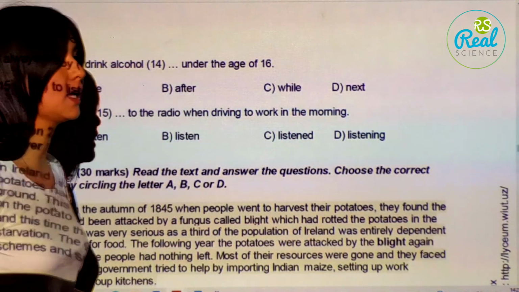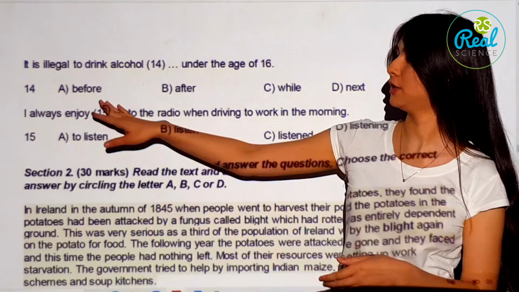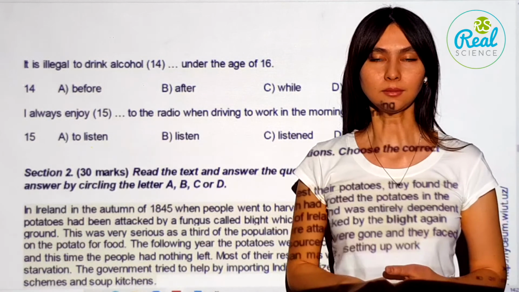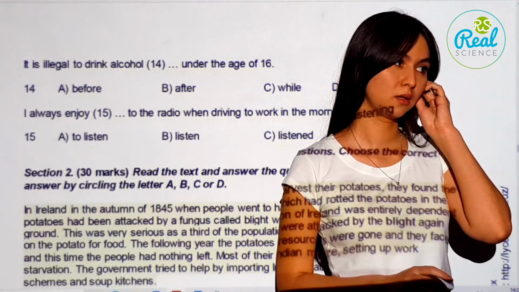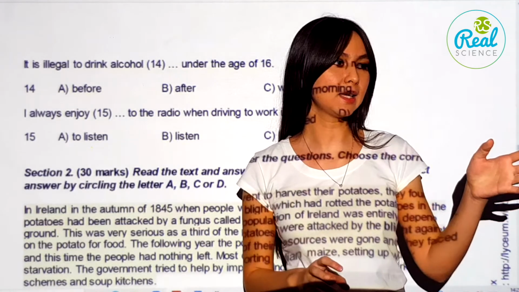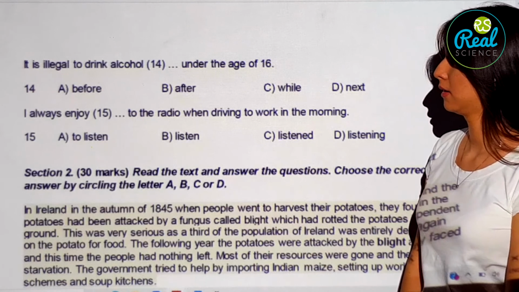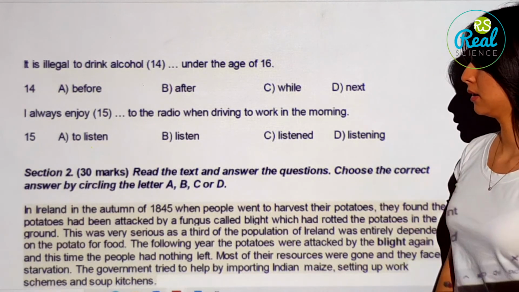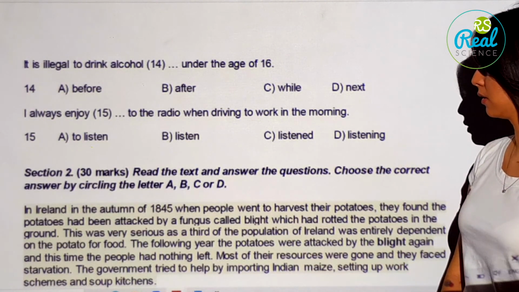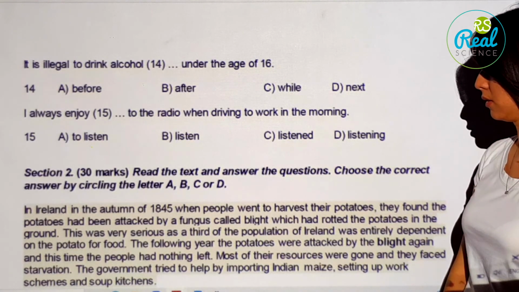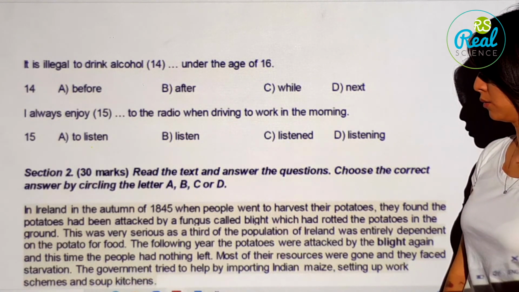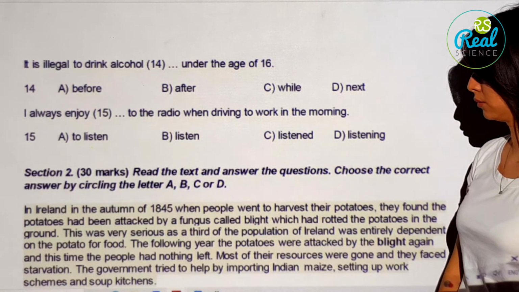Okay, 14th and 15th. Let's do it together. Who wants to read the 14th? Any volunteers, guys? Aziza Karimova, can you read? It is illegal to drink alcohol before under the age of 16.